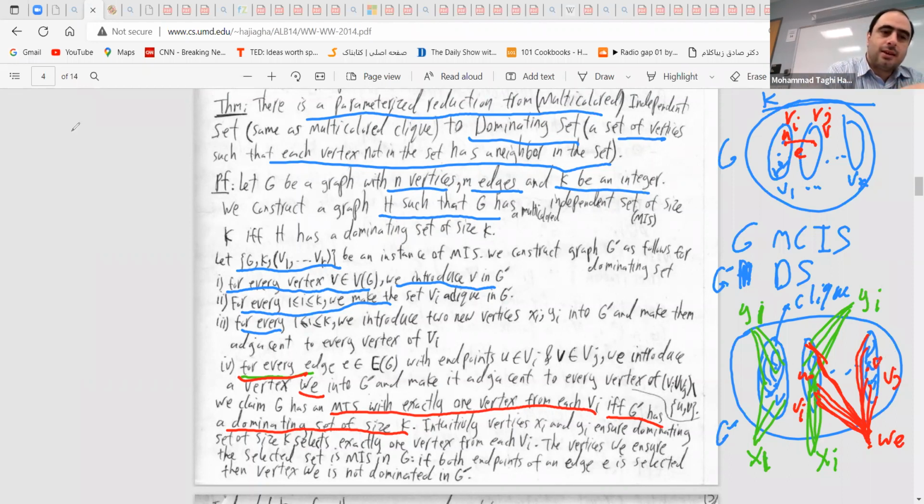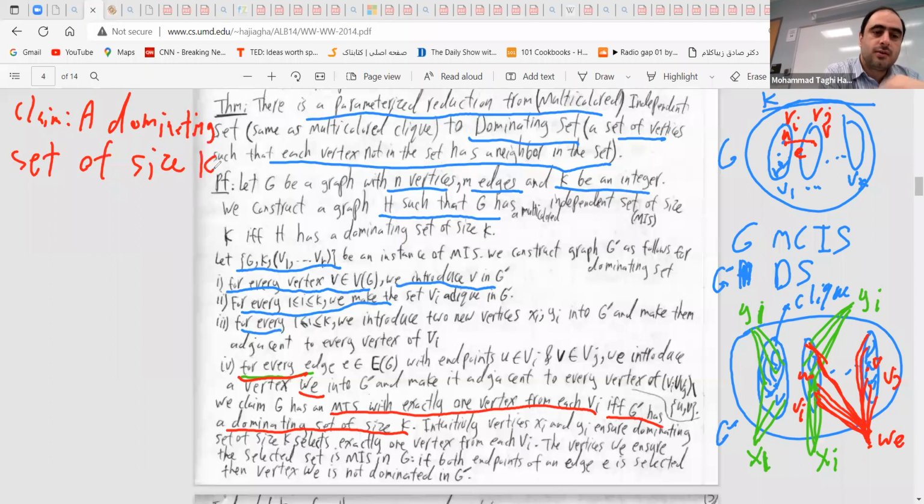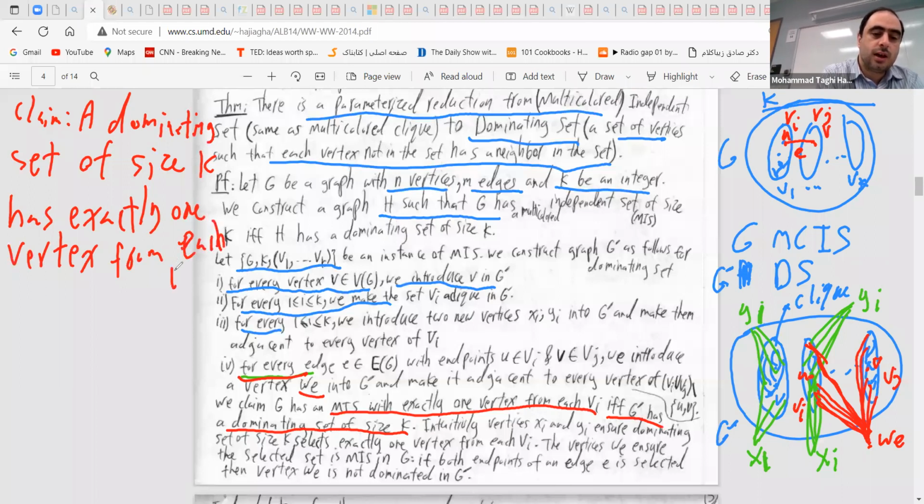The main claim is that a dominating set of size K has exactly one vertex from each Vi. And this is the corresponding vertex that would be in the independent set in the original graph.